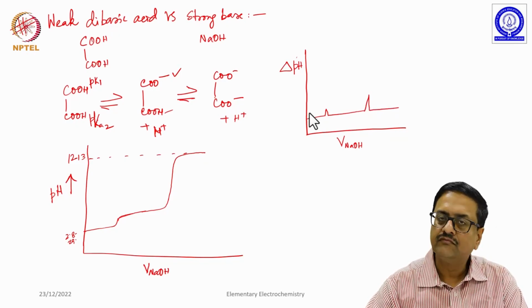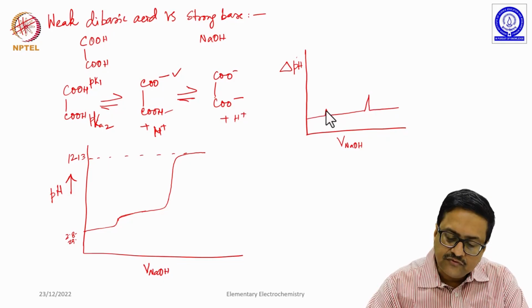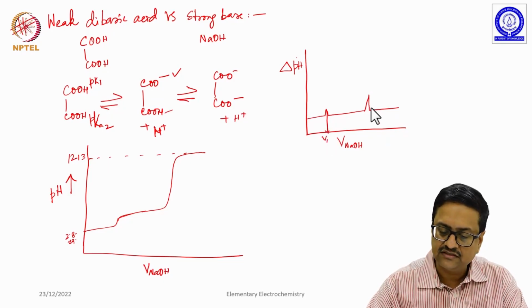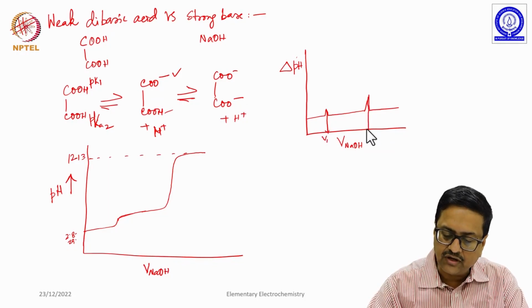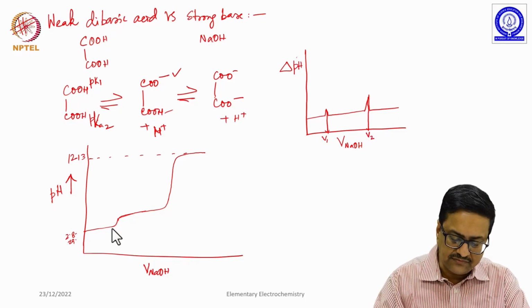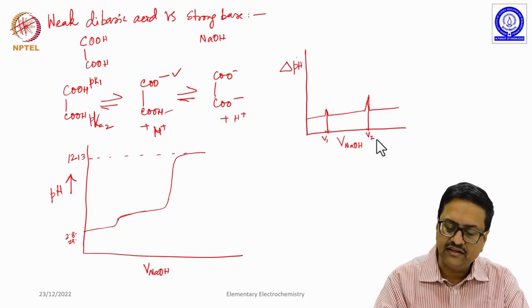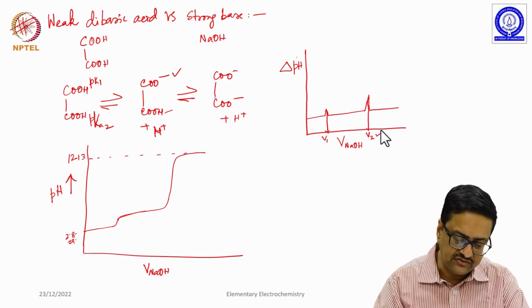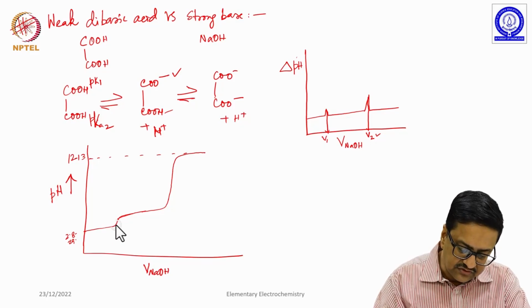So, this first point is V1, the first neutralization. This second point is your second neutralization. That is the point where the first acid is neutralized, and this is the point where the second acid is neutralized.